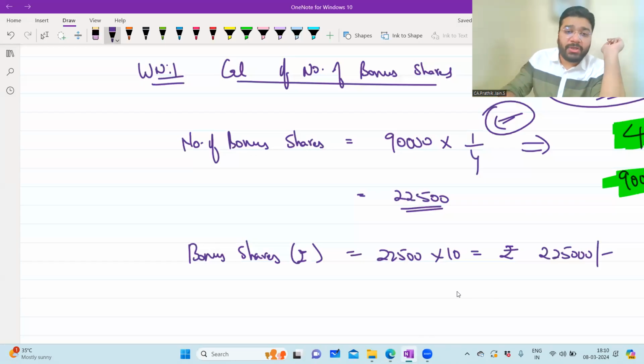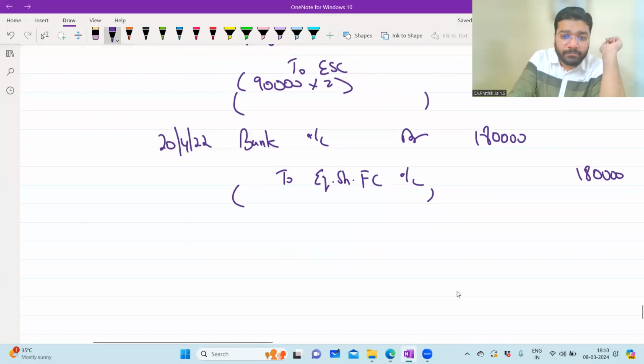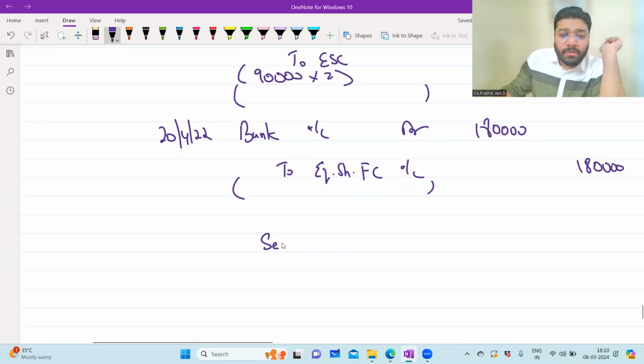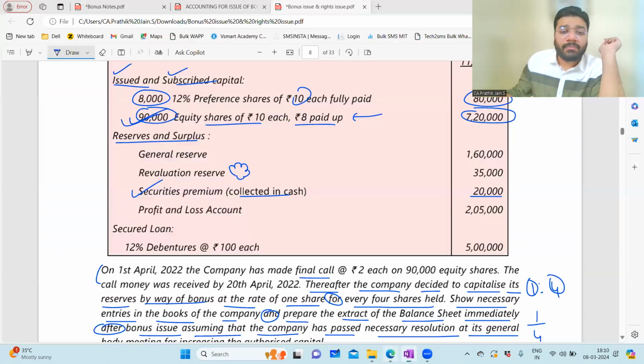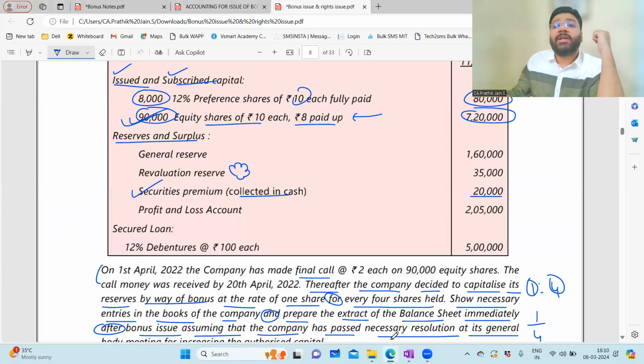So let's go back to the journal entry. Security premium reserve account debit 20,000. Next, after security premium reserve, is free reserve. In the free reserve, what is the first item? General reserve.